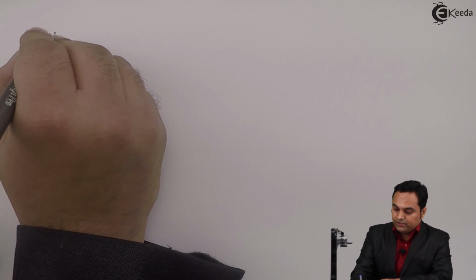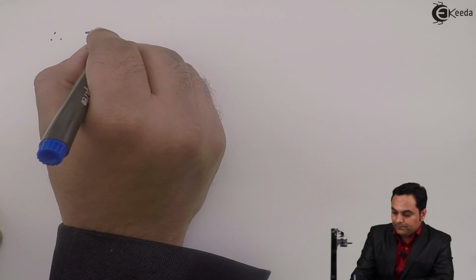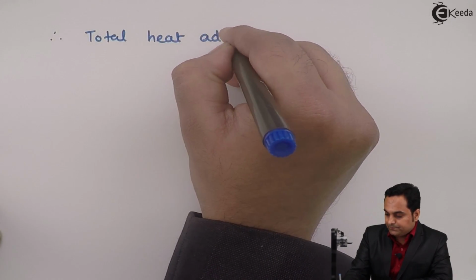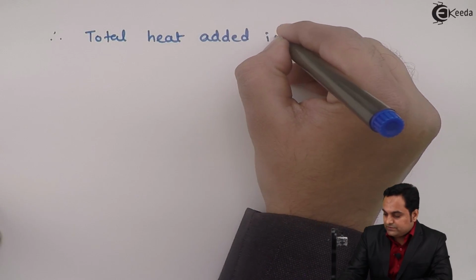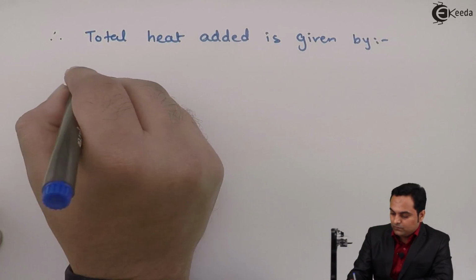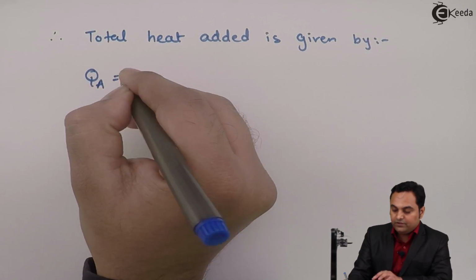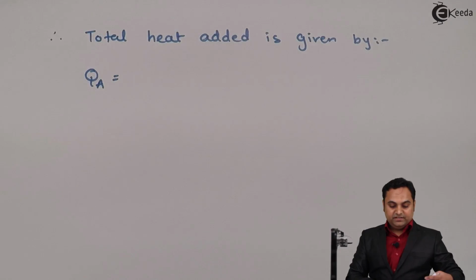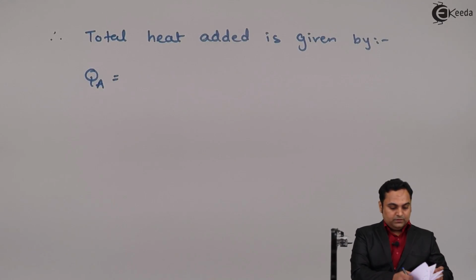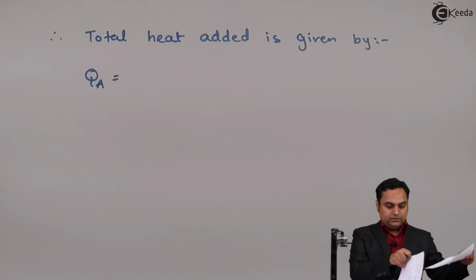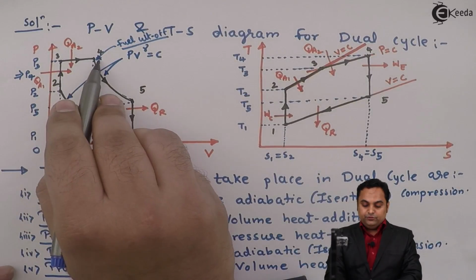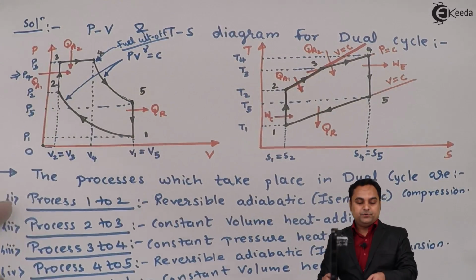Now, therefore, total heat added is given by Q suffix A is equal to, if we see that the heat addition process is from 2 to 3 and 3 to 4, that is at constant volume and constant pressure.